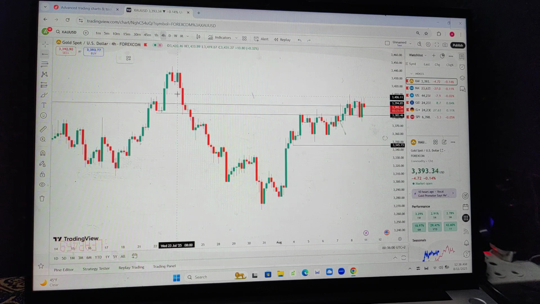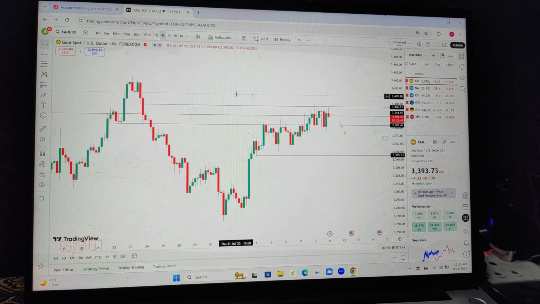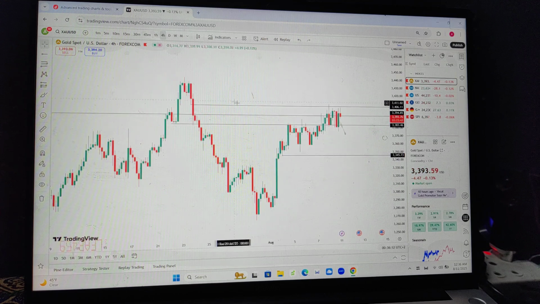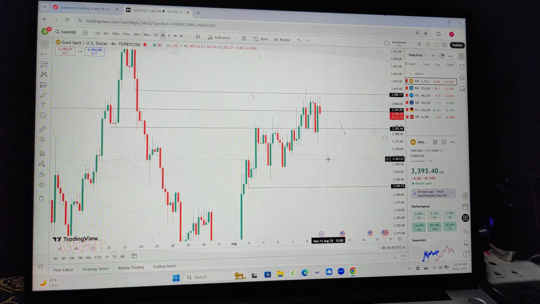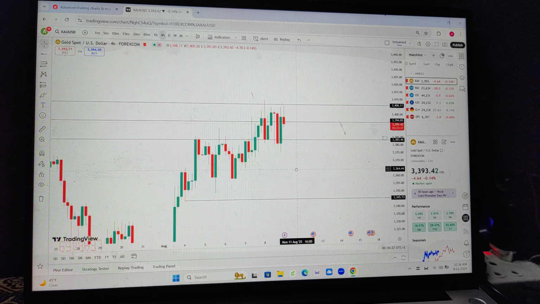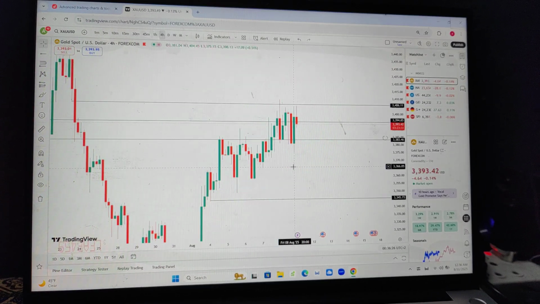There's a fair value gap there, which the market already closed. It just filled up the fair value gap. So this is the 4-hour time frame.